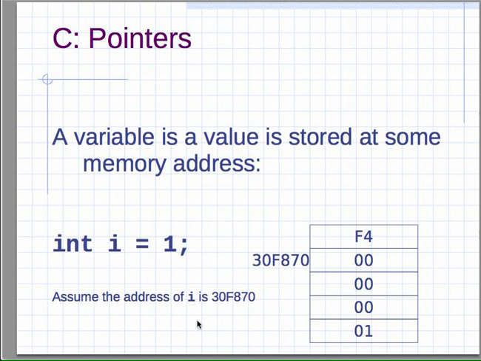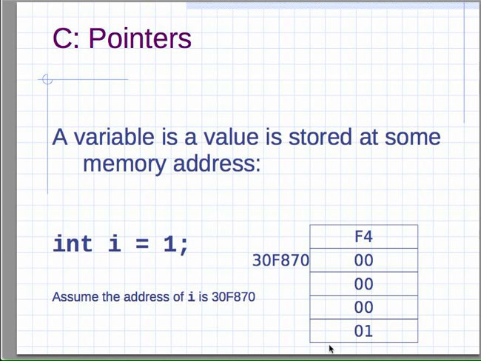Okay, so this is just an illustration. This is just an example. We assume that the address of I is 30F870. So every variable in a C program will have some address, and we're just assuming that the address of this particular variable I, an int, is 30F870. So the address of the next byte will be 30F871, and then this will be 872, 873.